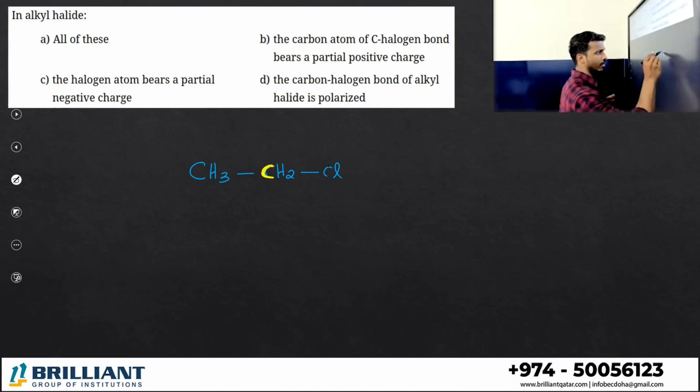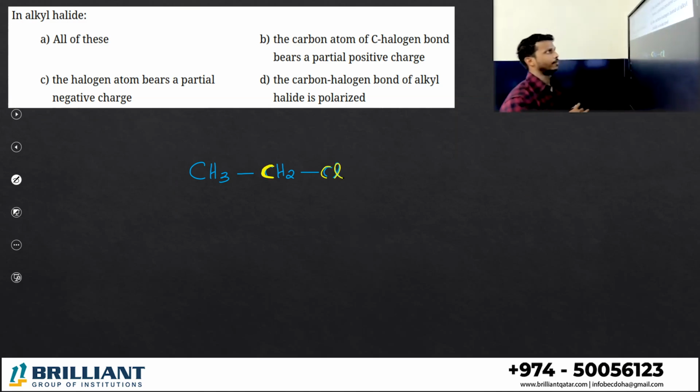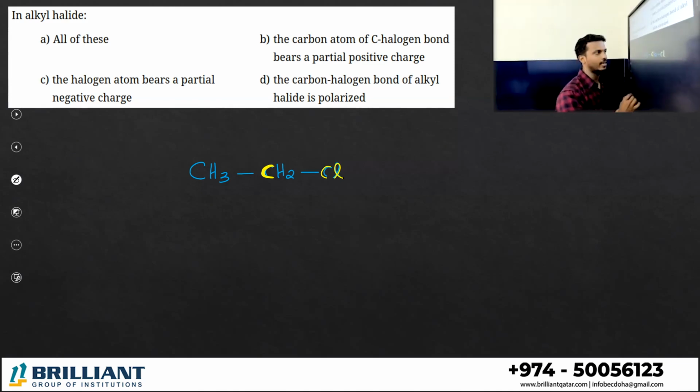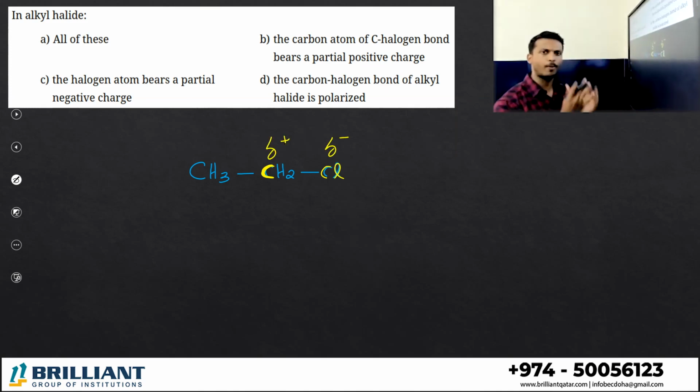This is the carbon-halogen bond. It bears a partial positive charge. Correct or not? Yes, because chlorine is the most electronegative element, it will carry a partial negative charge, so carbon will carry a partial positive charge. That is polarity. Option B is correct.